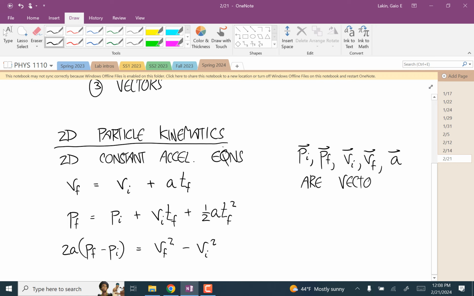So let's say that an object is launched from a height of 1 meter. And it's launched at an angle of 40 degrees above the horizontal.